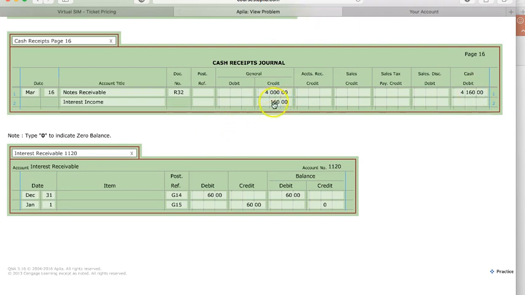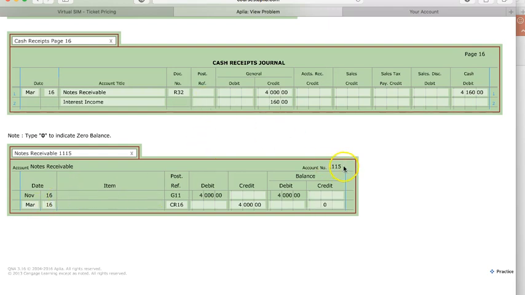Now we're going to post these. So let's go to Notes Receivable. And on March 16th, from Cash Receipts 16, we had a credit of $4,000. That takes that to 0.